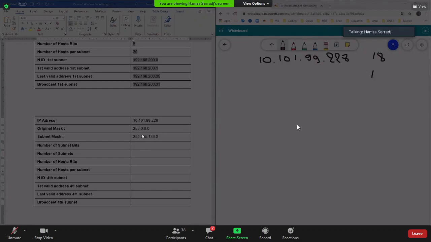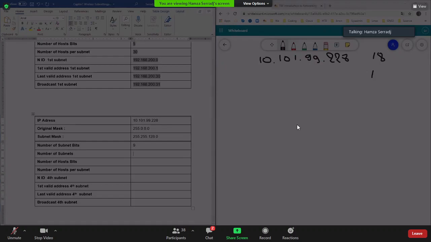But I already pushed 8 before. So it becomes 8 plus 9 here, right? So the number of subnet bits is 9.